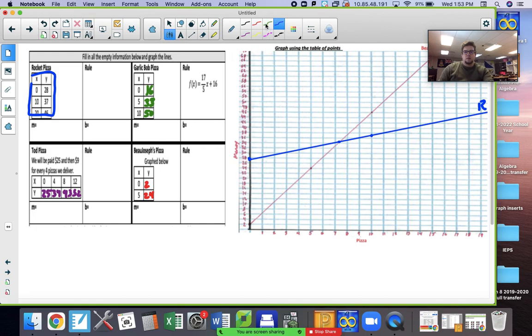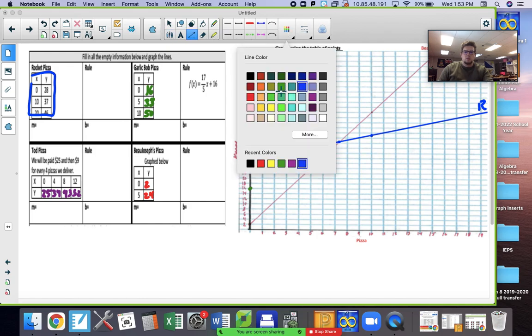Let's move on to Garlic Bob. Garlic Bob starts at 16, so 20, there's 16 right there. My next point is 5.33, so 5, then 30, 32, 33 is right there. Grab my straight line tool, change the color to green.